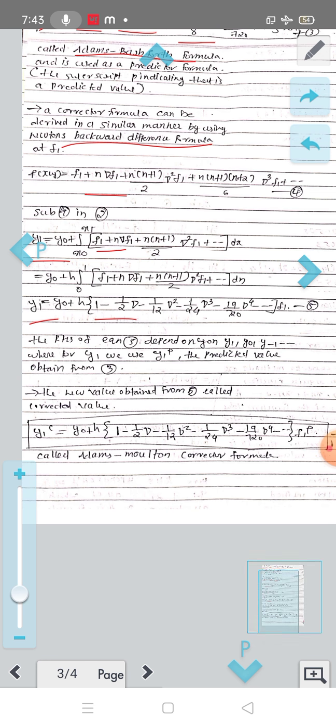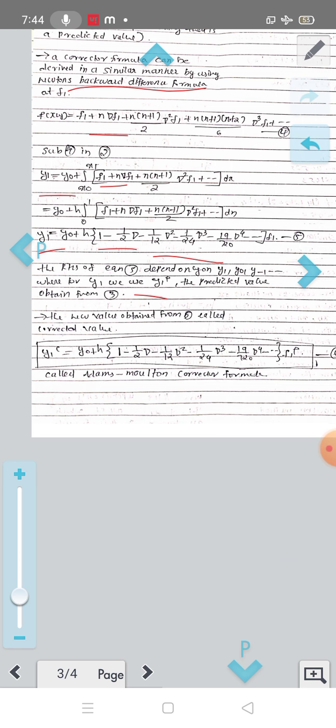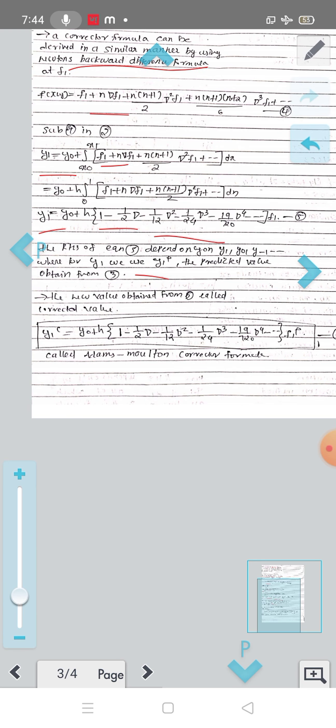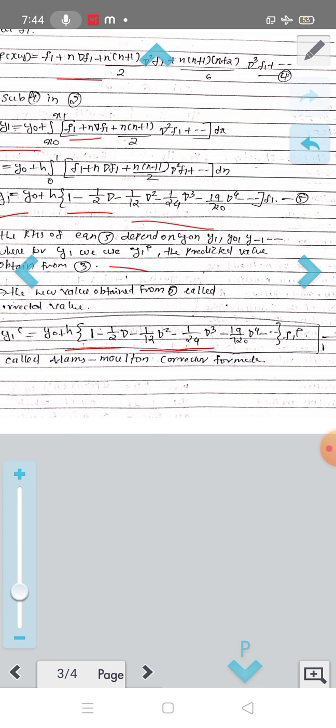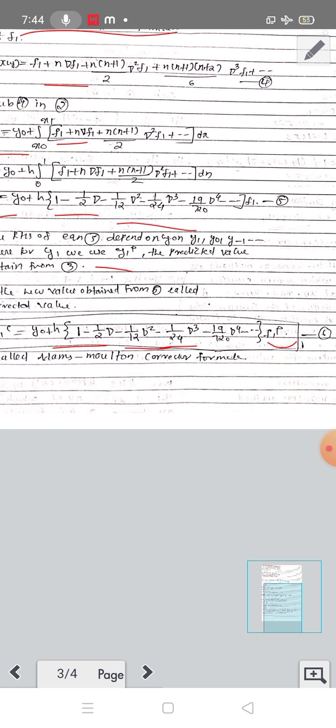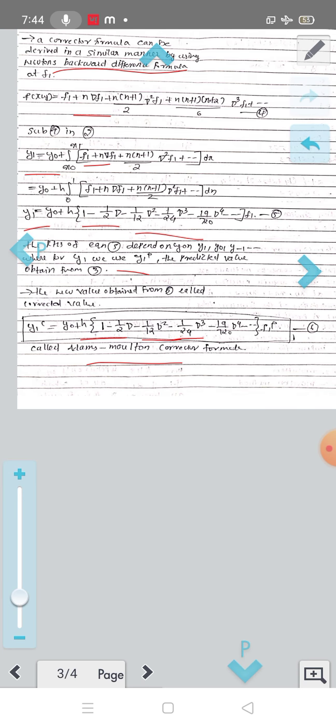The right side of equation 5 depends only on y1, y0, y minus 1, etc. For y1 we use here y1p, the predicted value obtained from equation 3. So we can write this as y1c equal to y0 plus h into 1 minus 1 by 2 del minus 1 by 12 del square minus 1 by 24 del cube minus 19 by 720 del raised to 4 etc., with f1p, and this is called the Adams-Moulton corrector formula.